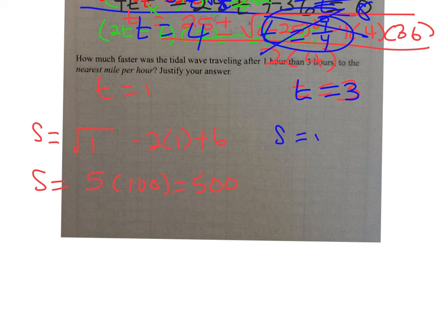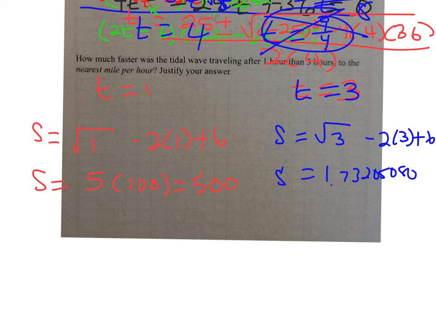So s equals the square root of 3 minus 2 times 3 plus 6. So this comes out to be 1.732050808 multiplied by 100, so this comes out to be 173.2. So obviously after 1 hour, it's traveling much faster than after 3 hours.